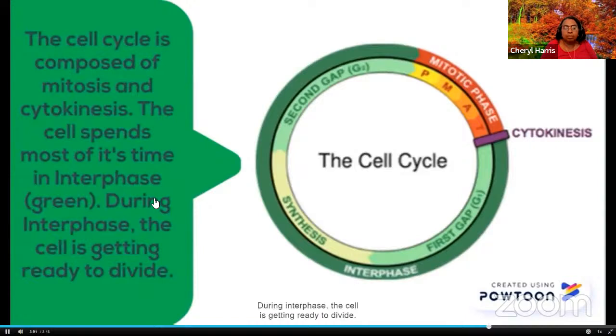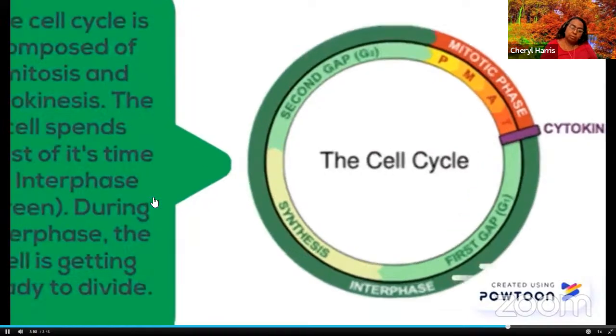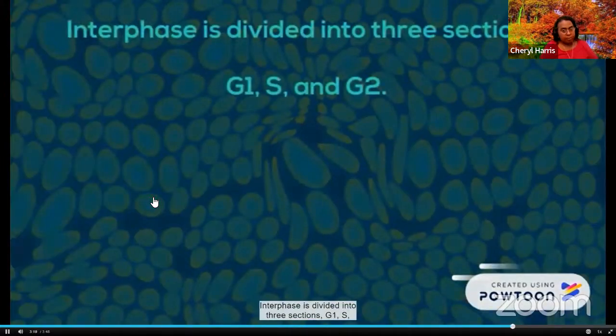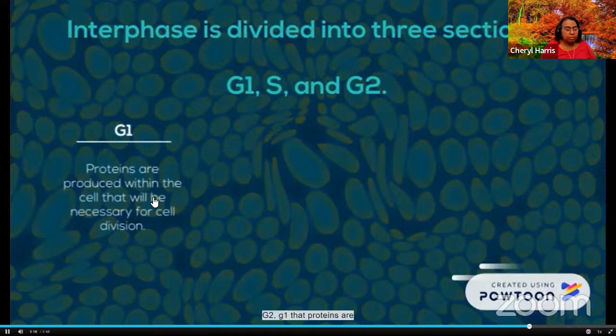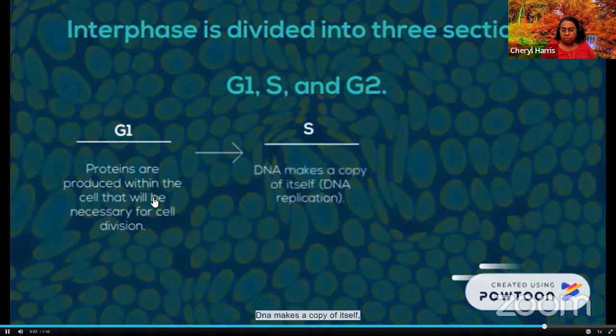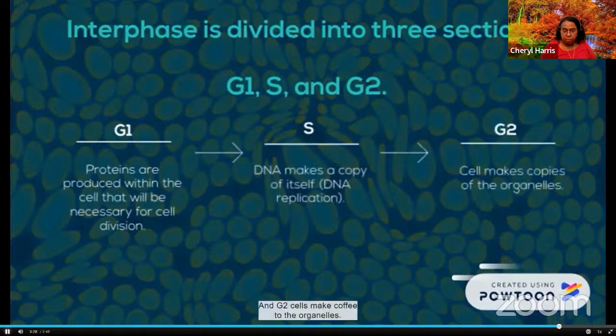During interphase, the cell is getting ready to divide. Interphase is divided into three sections, G1, S, and G2. In G1, the proteins are produced for the cell that will be necessary for cell division. In S, DNA makes a copy of itself, which is the DNA replication. In G2, cells make copies of the organelles.